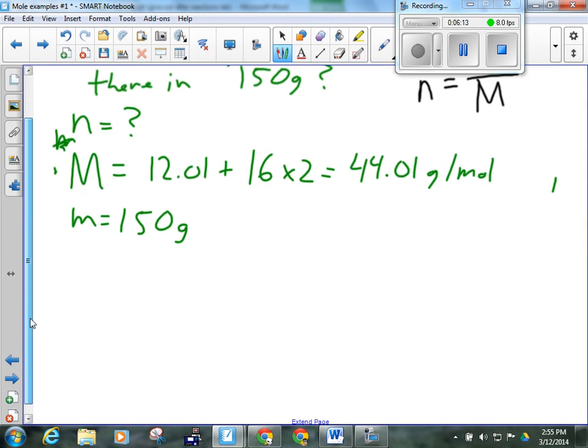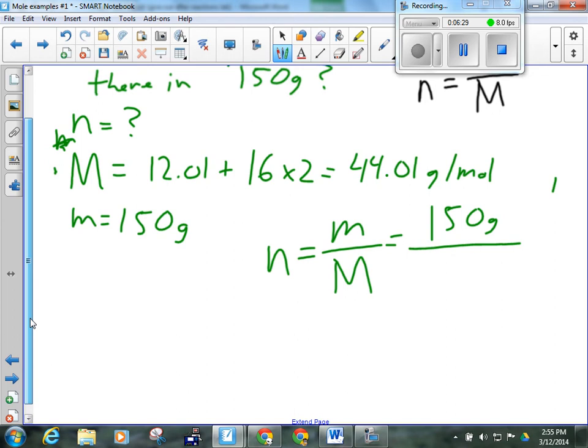All right, so the mole equation looks like this: N equals little m over big M. I'm looking for N, so I don't have to do anything with this equation. It's already set up to do what I want it to do. So little m was 150 grams, and I divide that by the mass of 1 mole, 44.01 grams per mole.